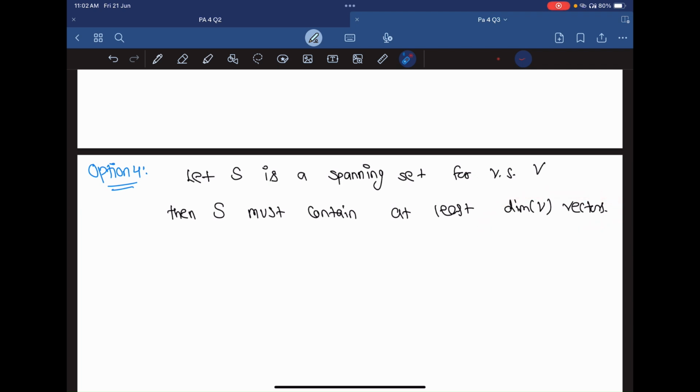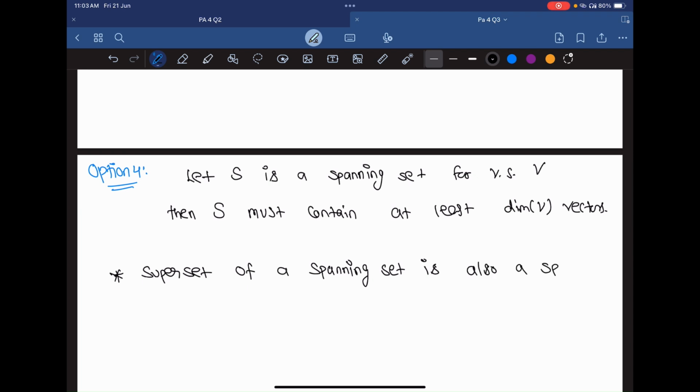We also know one more fact: a superset of a spanning set is also a spanning set for the same vector space.